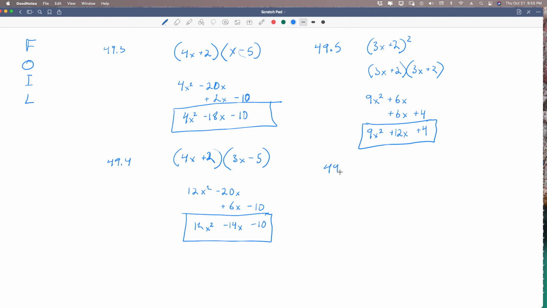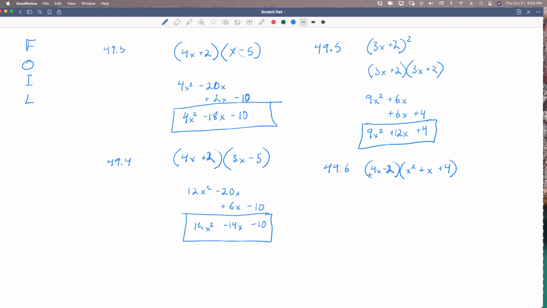49.6. So we have a binomial and a trinomial this time. So 4x minus 2 times x squared plus x plus 4. All right, so all we're going to do is we're going to take turns.